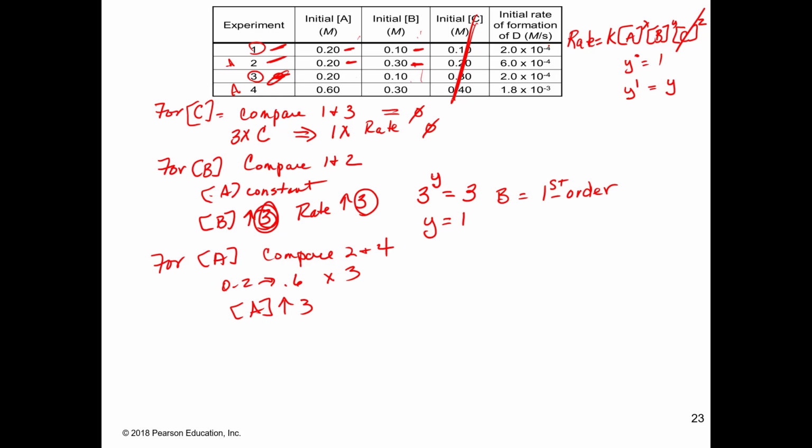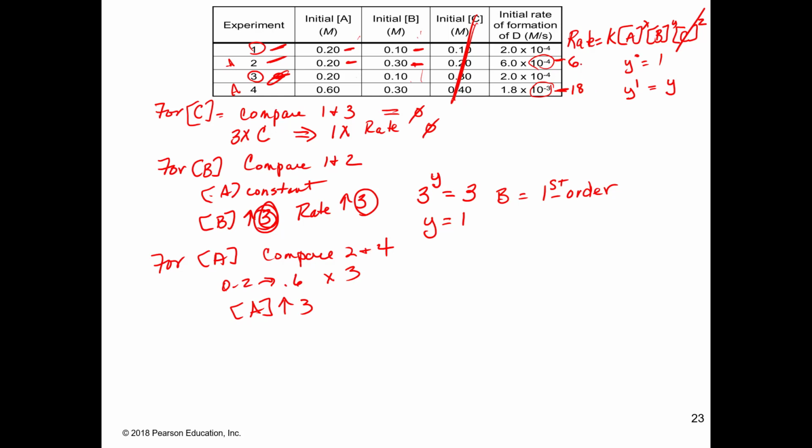What happened to the rate? You've got to watch this right here, okay? Because it's 6 times 10 to the minus 4, and it's 1.8 times 10 to the minus 3. So that's the same as doing 6 and 18, if you're looking at magnitude of numbers. So you can put those in and divide them and see.